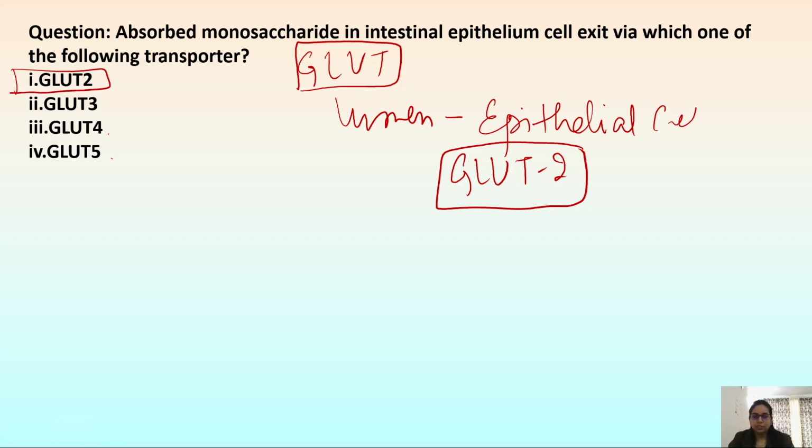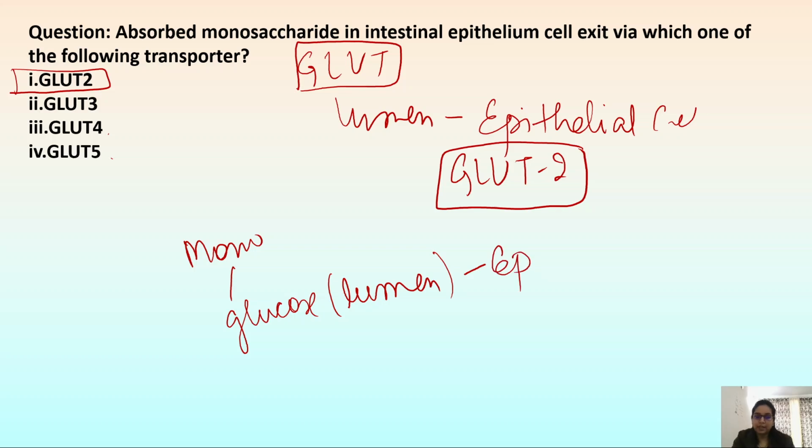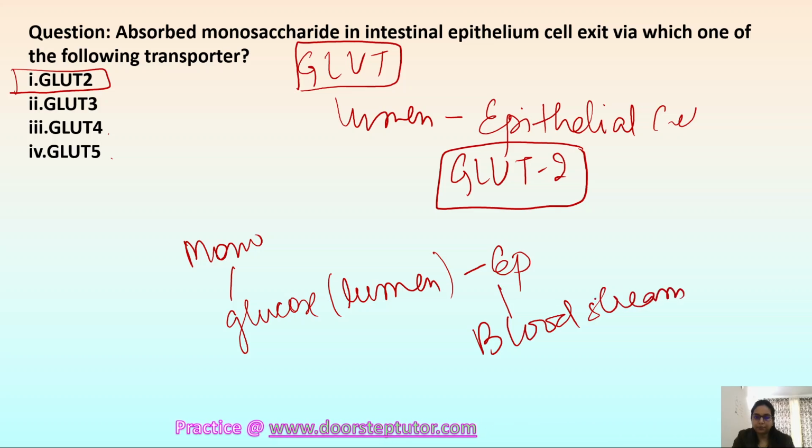The explanation is that when you consume carbohydrate in your diet, it is first broken down into monosaccharides, that is glucose, during digestion, and these monosaccharides need to be absorbed from the lumen to the epithelial cell so that they can enter the bloodstream.